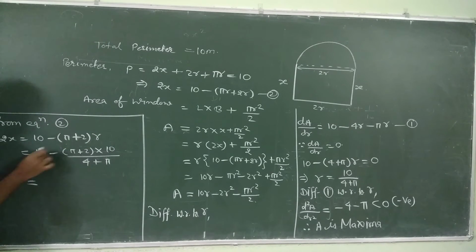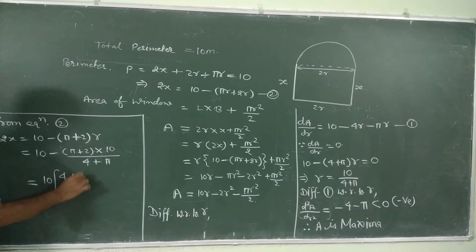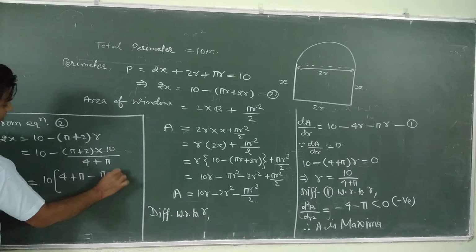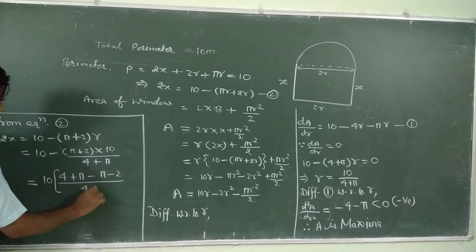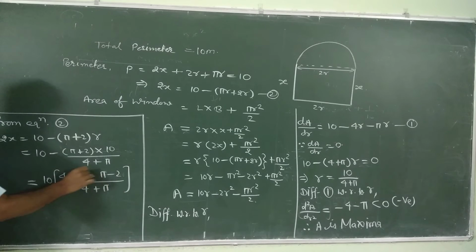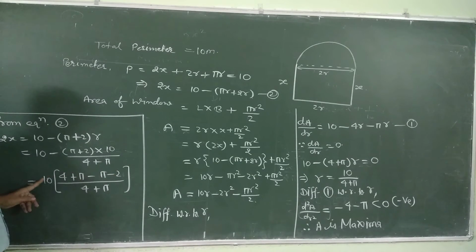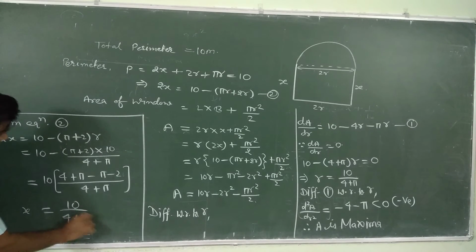10 is common between these two, and after that also taking the LCM: 4 plus pi multiplied by 1, minus (4 plus pi minus 2), upon 4 plus pi. So pi cancels with pi. 4 minus 2 is 2. 2 multiplied by 10 is 20, and that 2 cancels with this. So x is again 10 upon 4 plus pi.